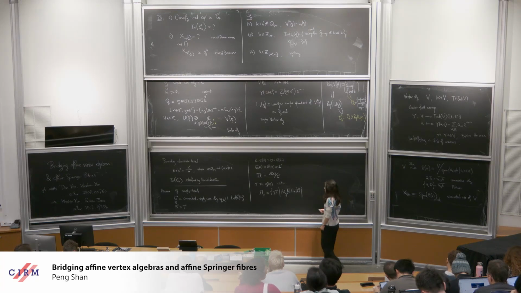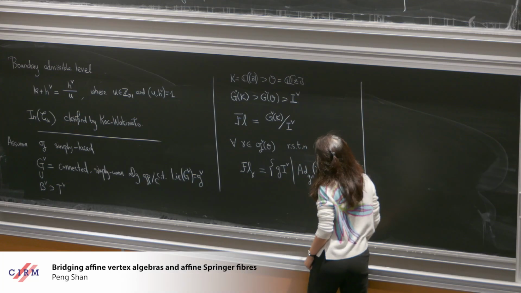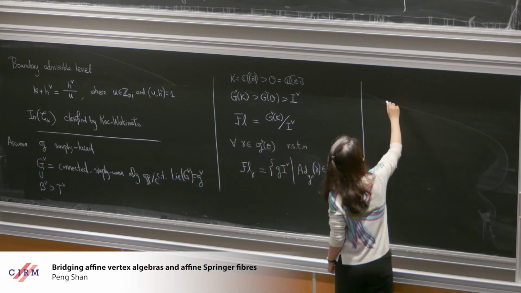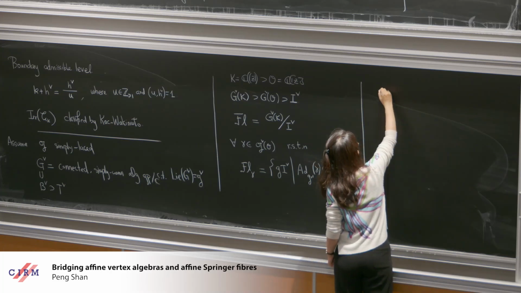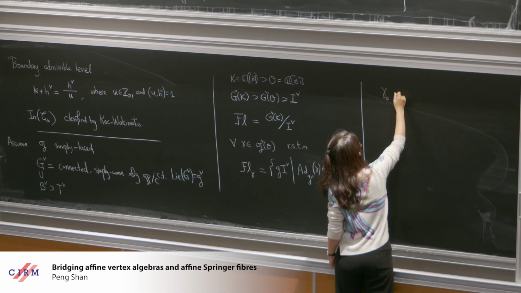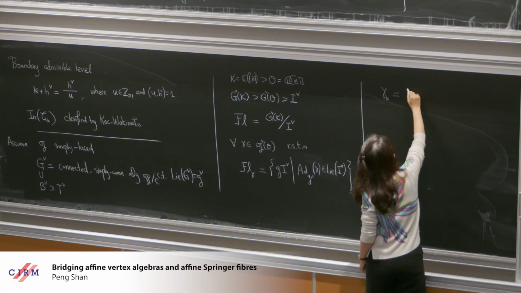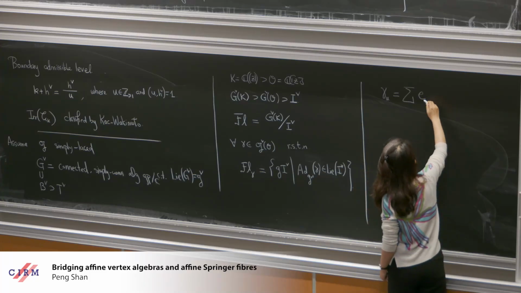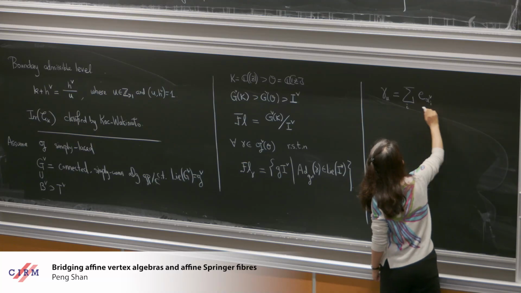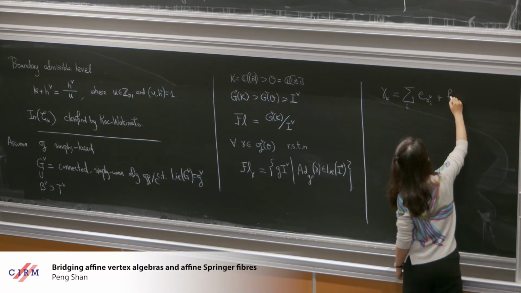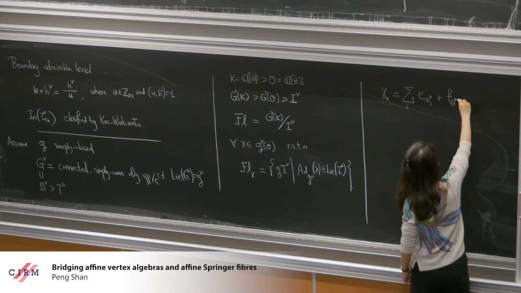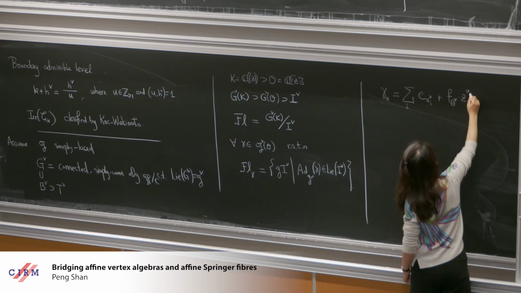And for our purpose, for the discussion about this boundary admissible level, I will consider a particular element gamma, which I denote by gamma u. This is the element where you take the sum of a root vector for each finite simple root, and then plus f of the highest root, a root vector in the negative of the highest root, times z to the power of u.